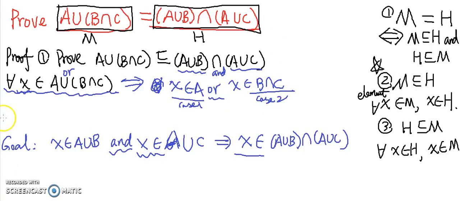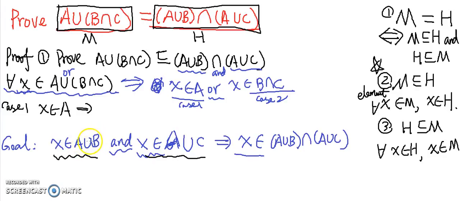And start with case 1. Case 1, x is a member of A. That will tell us, so refer to our goal. So keep looking at our goal. These two are what we need to prove. So if x is in A, can I get a conclusion that x is also in the union of A and B?